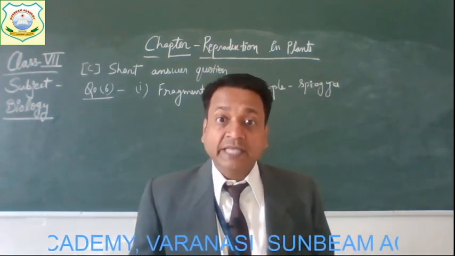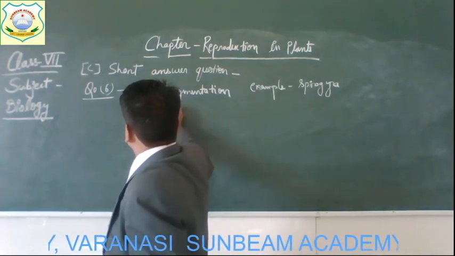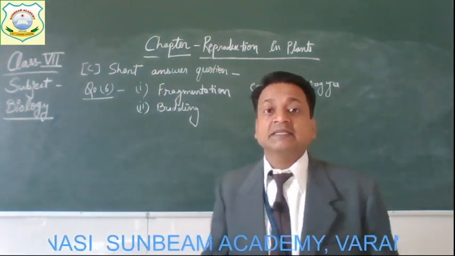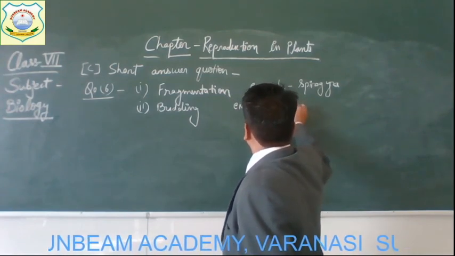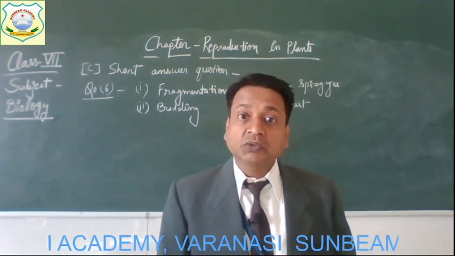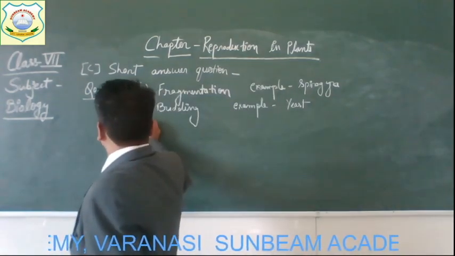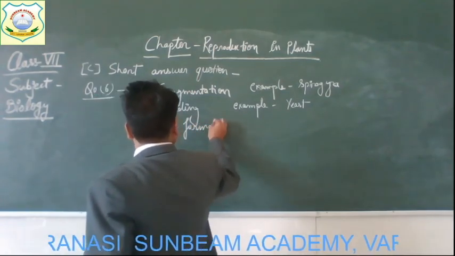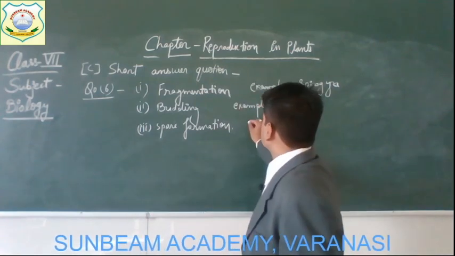Now the second method is budding, and the example of this method is yeast. And the third method of asexual reproduction in plants is spore formation, and the example of this method is mosses.